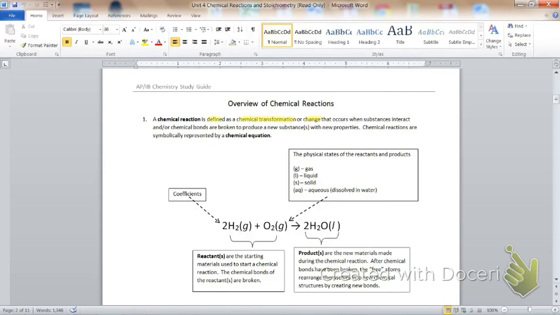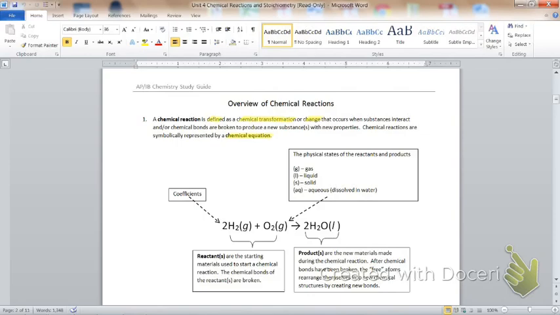Alright, so chemical equations. Down below here, I have a representation of a chemical equation of hydrogen gas reacting with oxygen gas to produce water. Now, in a chemical equation, there are certain things that we have to include to make it correct.